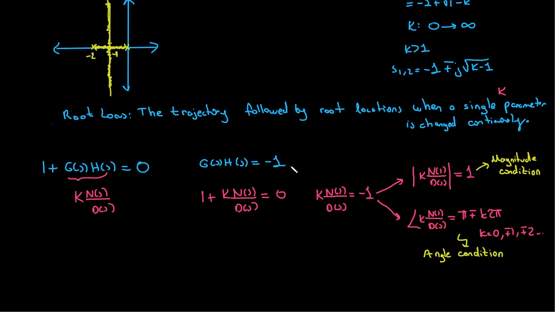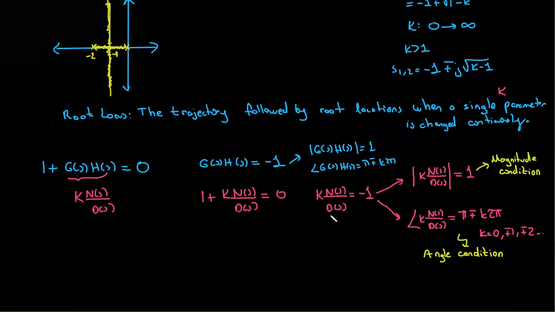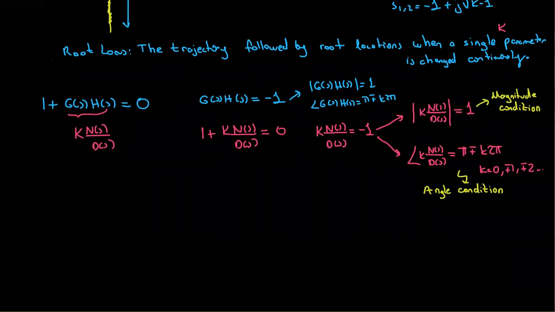Similarly, I can write the same thing for G(s)H(s). The magnitude of G(s)H(s) is equal to 1, and the angle of G(s)H(s) is equal to pi plus or minus k times 2 pi. Do you have any questions? Then let's see one example of solving these complex equations.